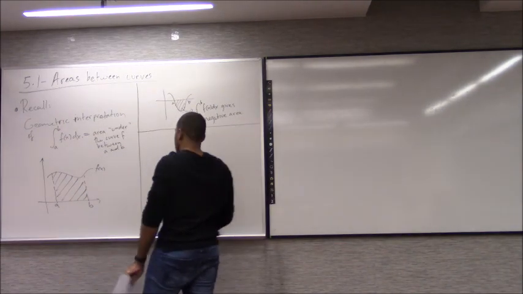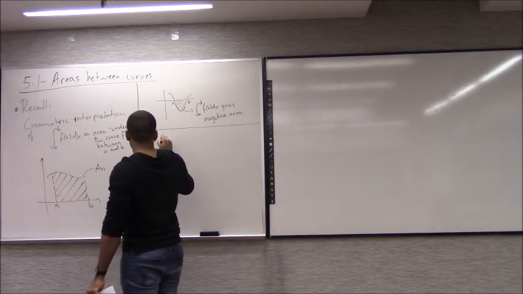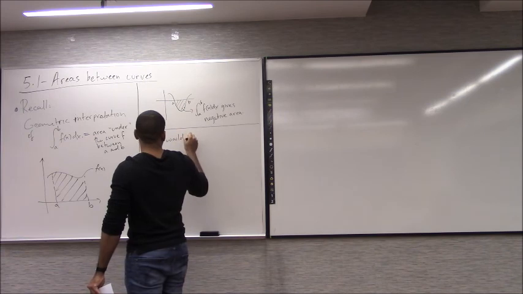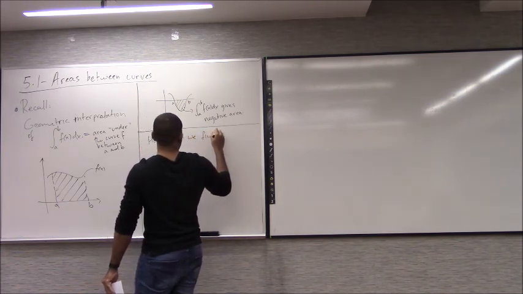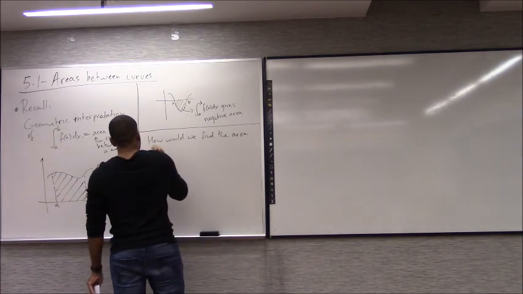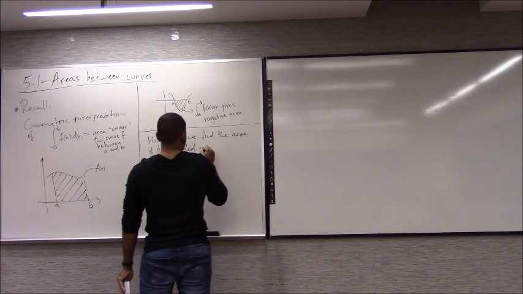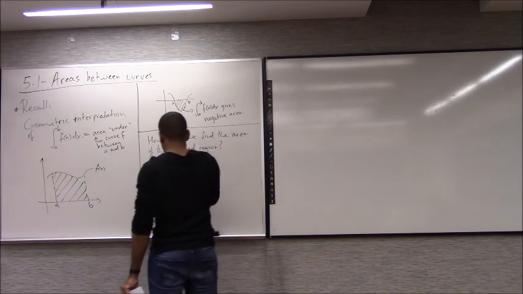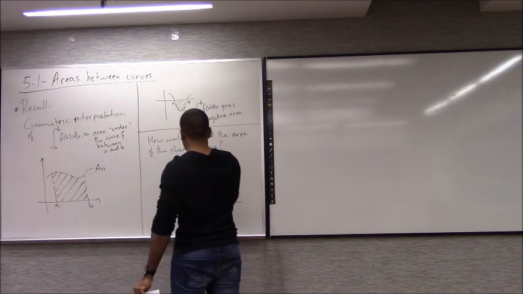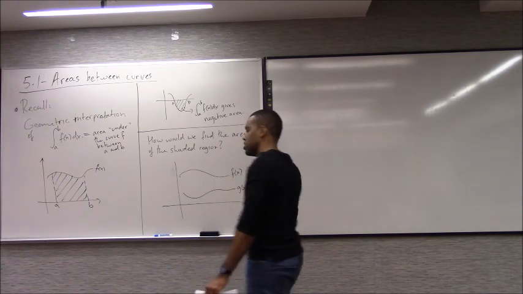Okay, so now we can go to, what about two curves? Say you notice, okay, so here's one formula, and here's another formula under it. Let's call that f of x and g of x.